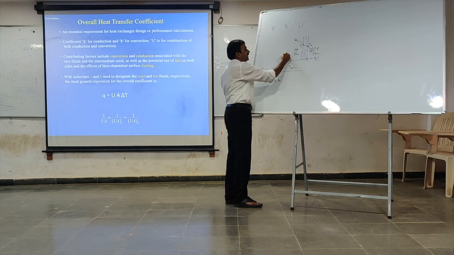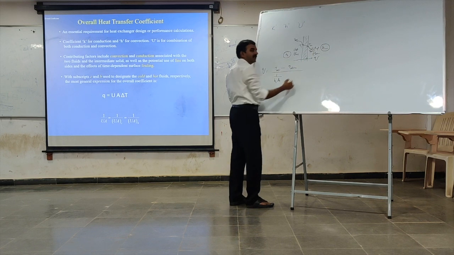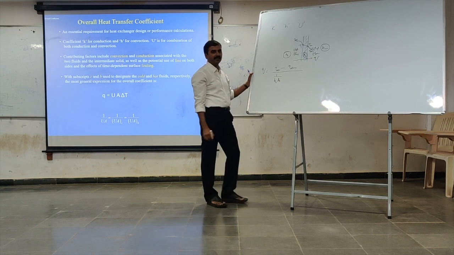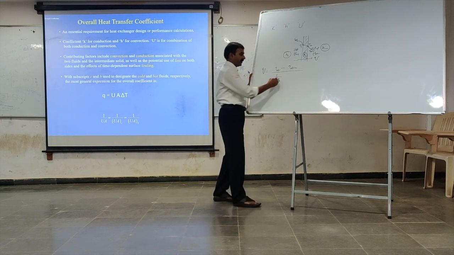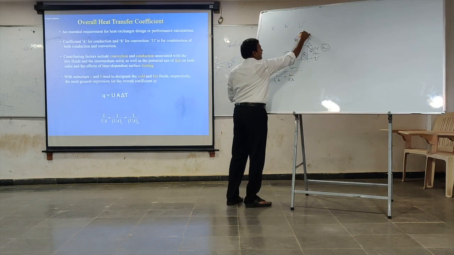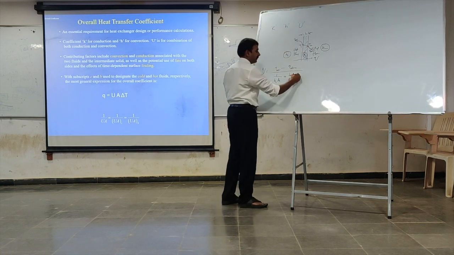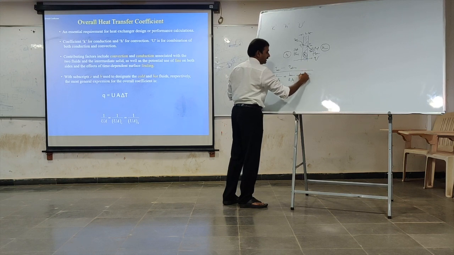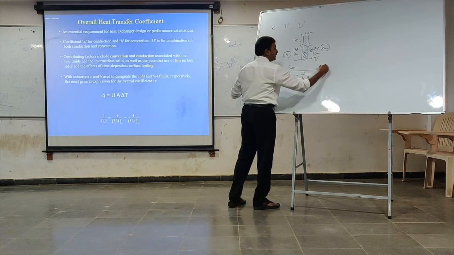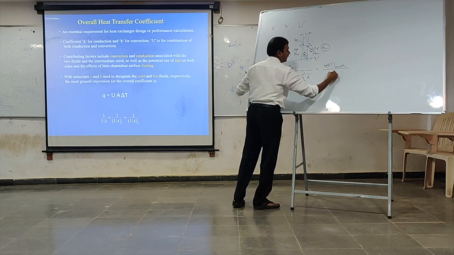Now I am assuming the heat transfer coefficient of the hot fluid is H1, the heat transfer coefficient of the cold fluid is H2, and the thermal conductivity of the surface that is separating them is K, plus L by KA. What is L? L is the thickness of the wall. Plus 1 by H2 into A. So in a way, this is delta T overall divided by the sum of resistances.